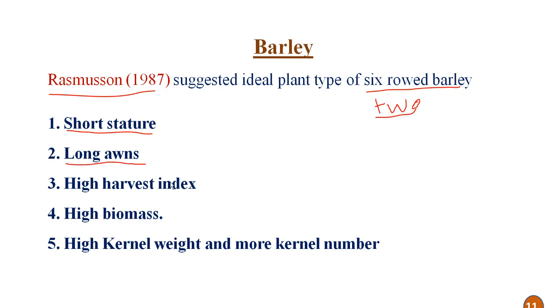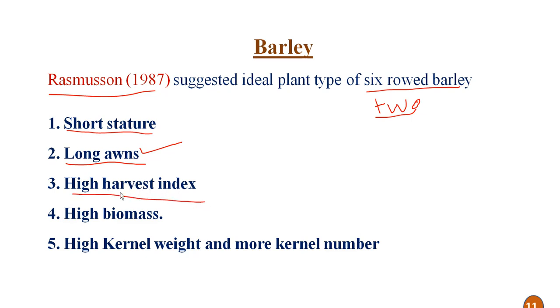As we saw earlier in case of wheat, these awns are important xerophytic adaptations, so barley plants should have long awns, as they control transpiration.